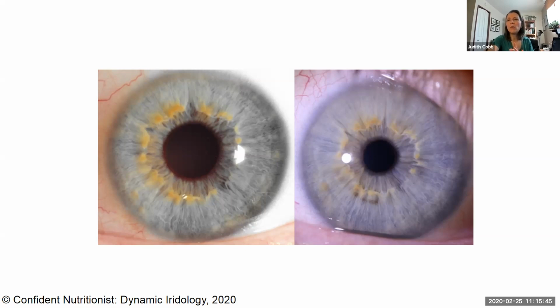So what I really want you to do is, with this first image, look between 6 o'clock and about 8:30, very close to the yellow. So for those of you who are on Instagram, we're looking right in here. Those of you who are with me on the webinar, we're looking right in here. Okay, notice what you see. Now let's look at this eye. What do you see there? What do you see?